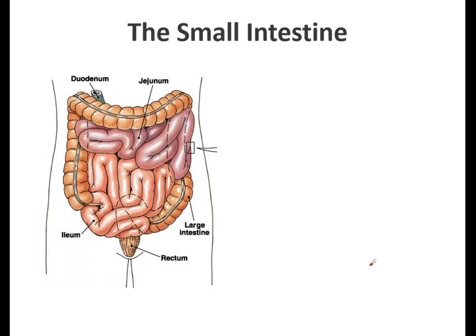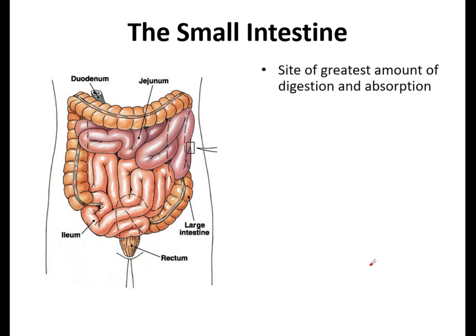Okay, so this is the small intestine. As you can see here, it is the site of the greatest amount of digestion and absorption, right? The small intestine is divided into three parts. One is the duodenum, second is the jejunum, and third is the ileum.